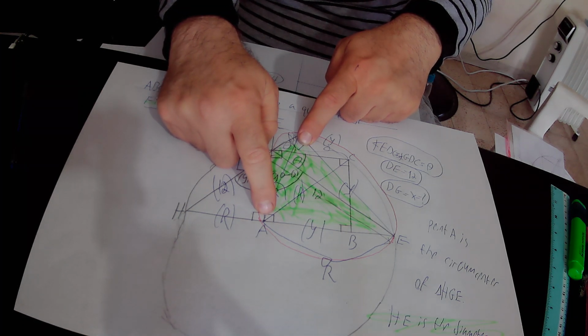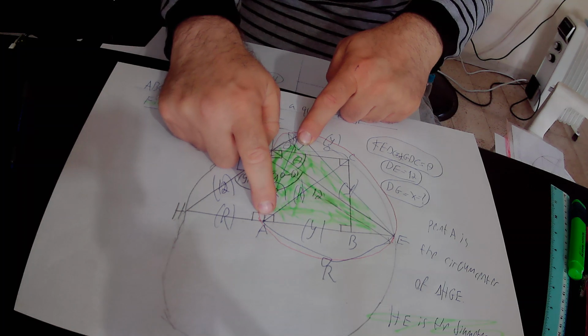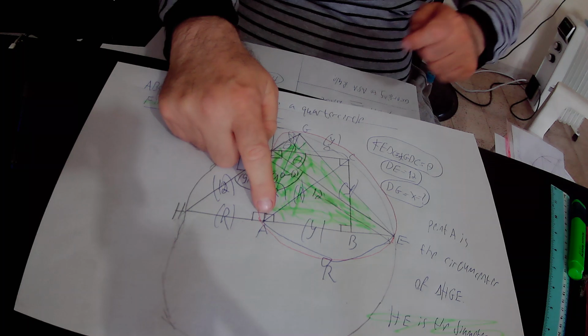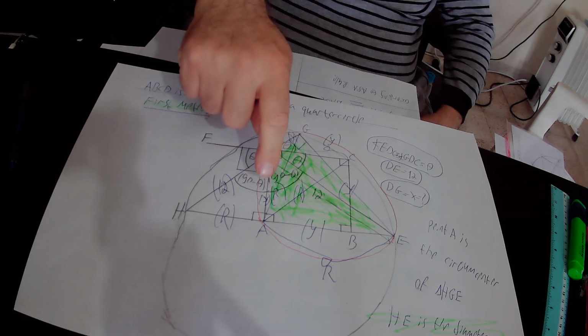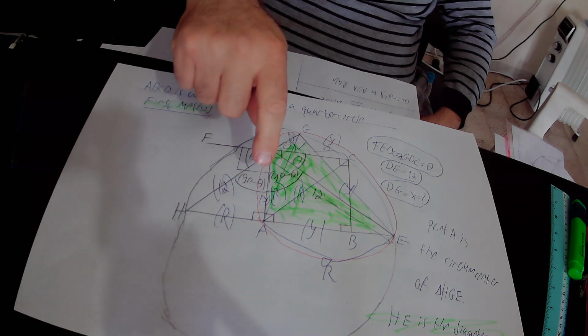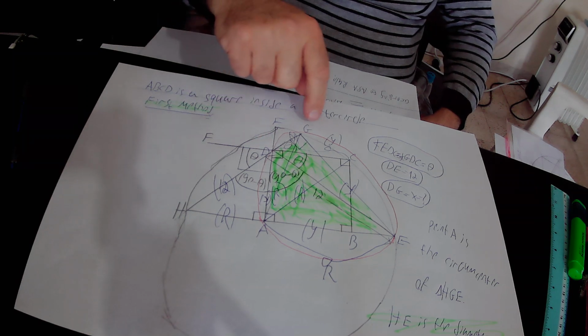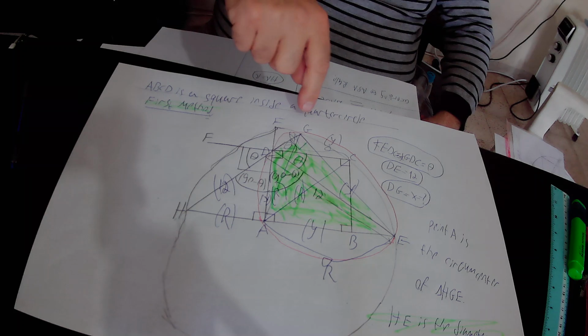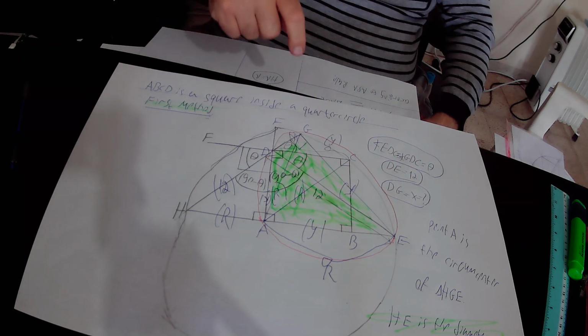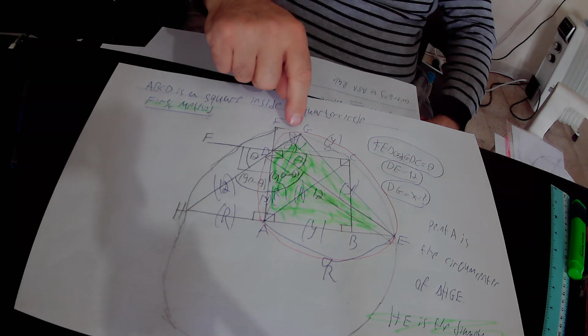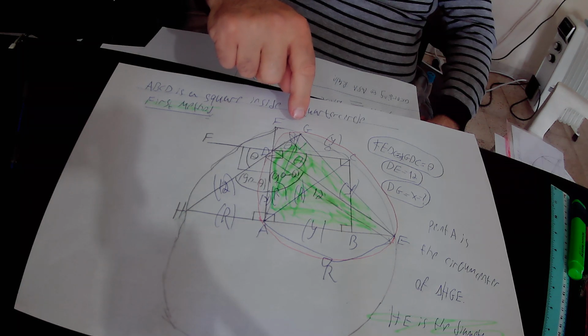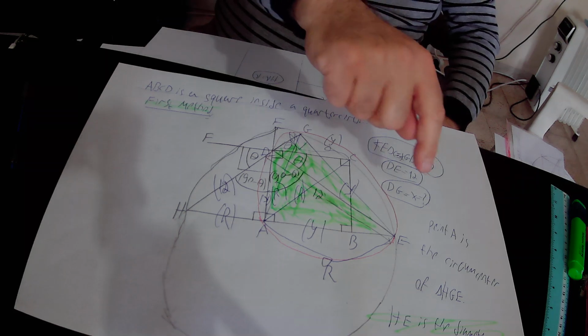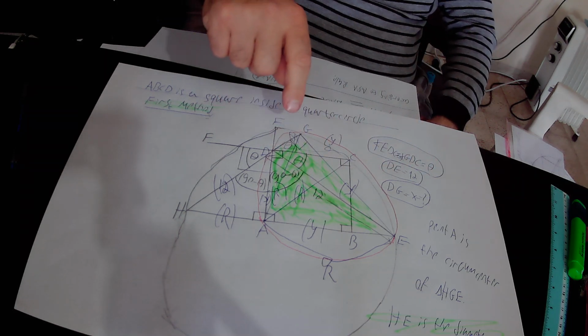Any quadrilateral in which the sum of two opposite angles equals 180 degrees is a cyclic quadrilateral. That is to say, we can block this green quadrilateral ADGE by a circle. We actually plugged this green quadrilateral by this red circle. That is to say, this red circle passes through the four vertices D, G, E, A of this quadrilateral ADGE.